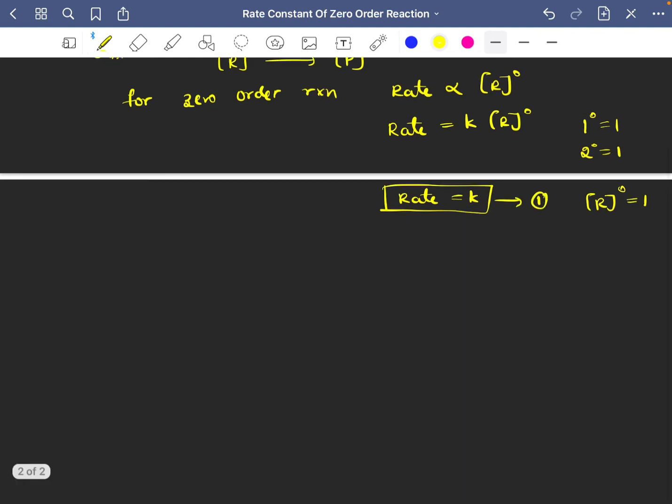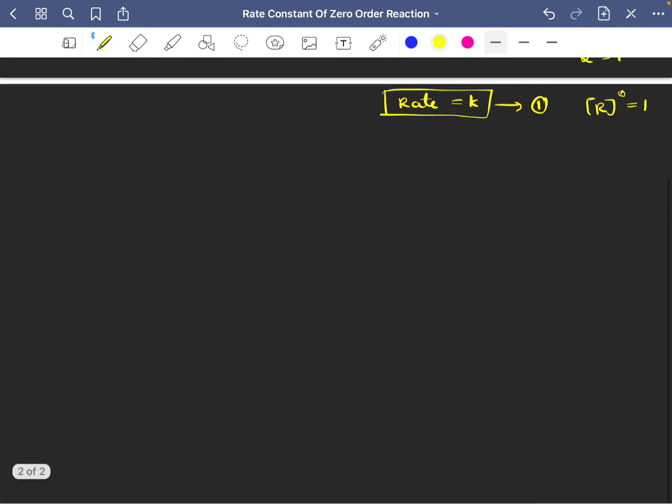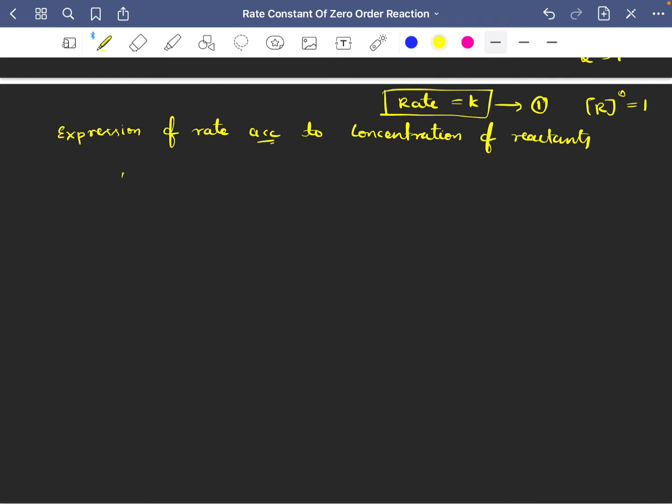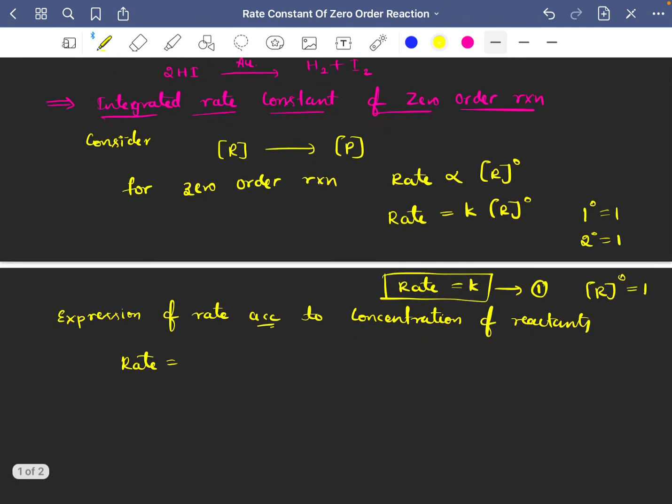Consider this as the first equation. Now we know the expression of rate according to concentration of reactants. We know rate is equal to, see what we have taken, reactants give rise to products.